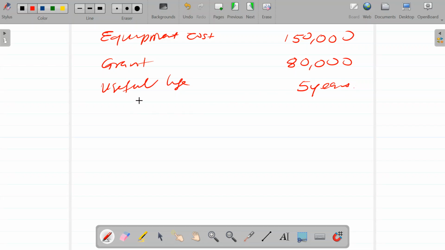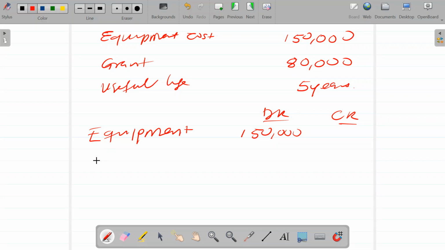So it means the double entry will be like this. You debit the equipment of 150,000, then the grant as deferred income, 80,000, which will be in the balance sheet.